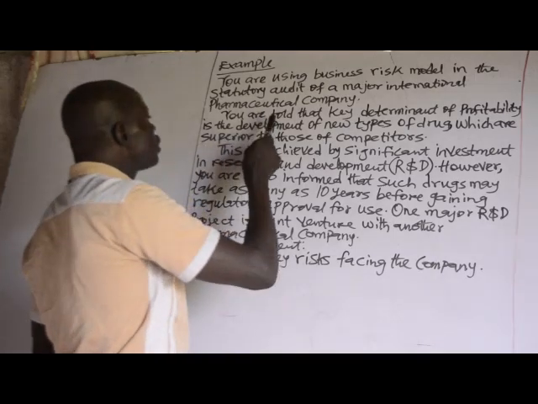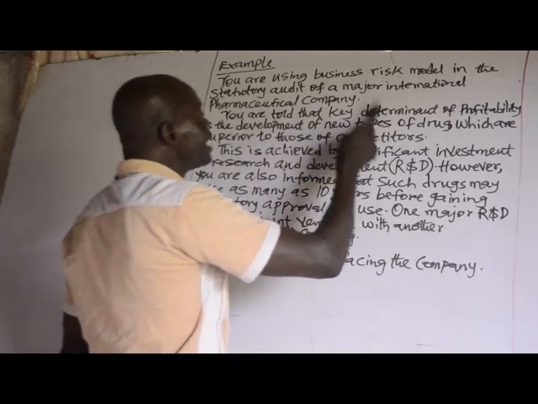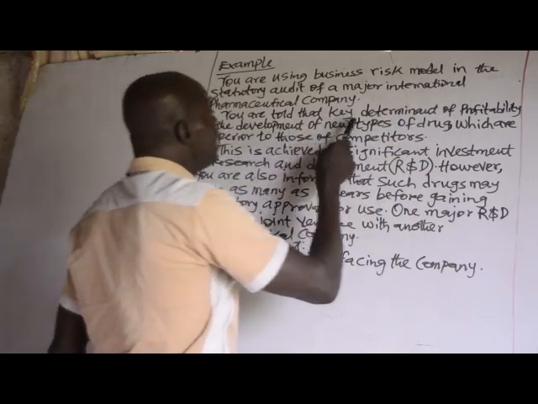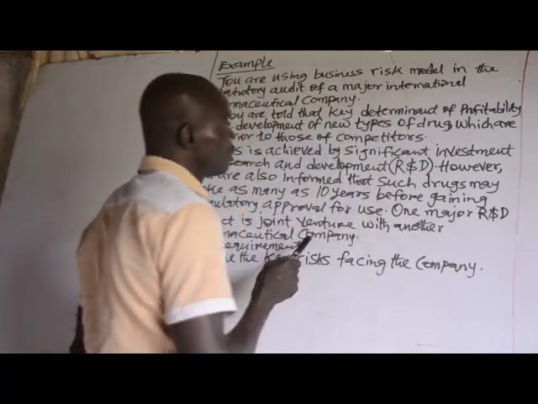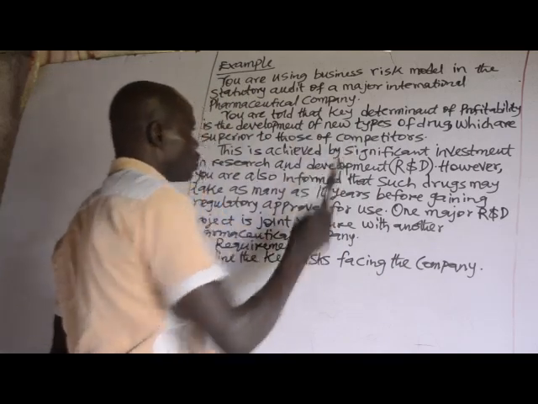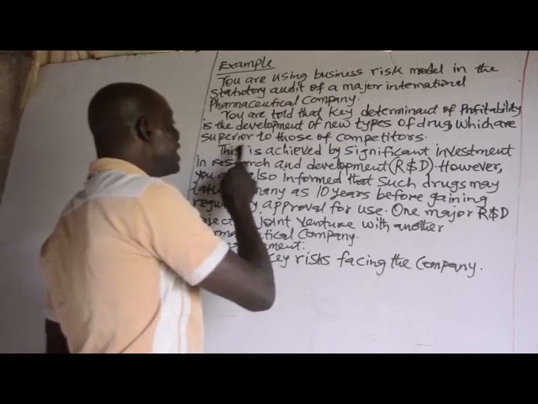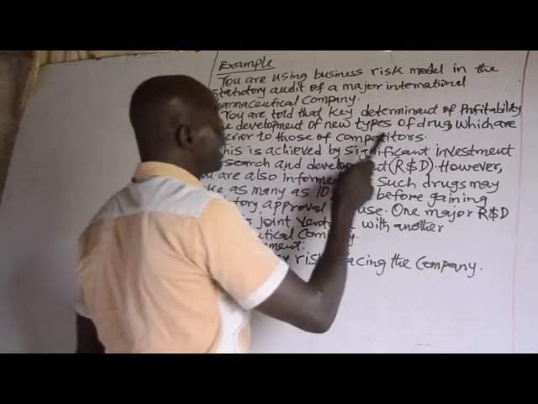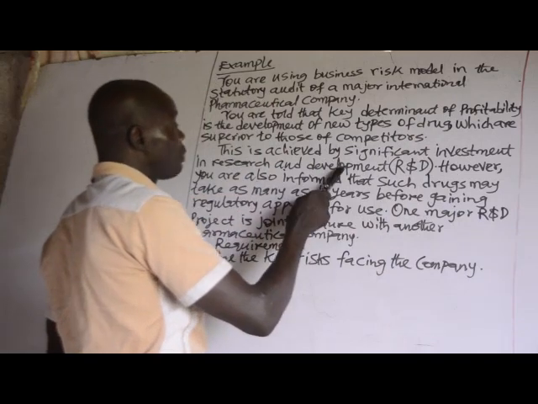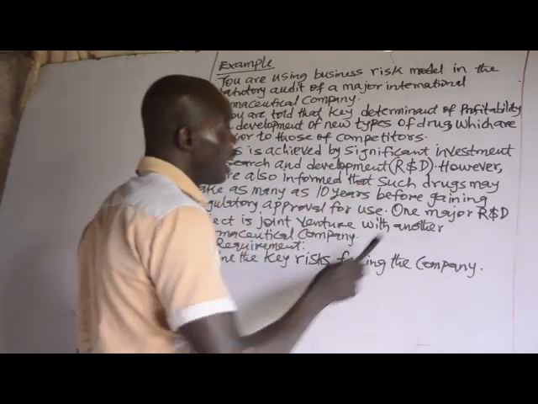You are told that the key determinant of profitability is the development of new types of drug which are superior to those of competitors. This is achieved by significant investment in research and development, R&D.